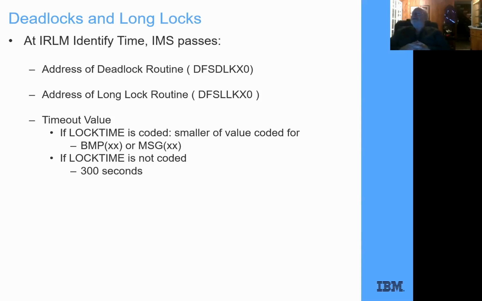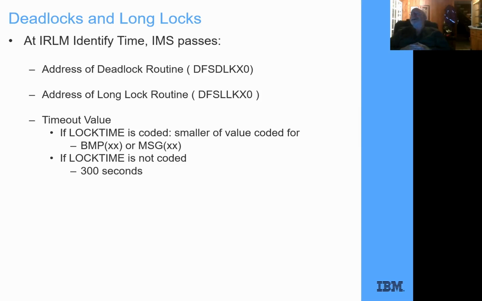Now, deadlocks and long locks. At identify time, IMS passes two other exit addresses: the address of a deadlock routine and the address of a long lock routine. IMS also passes a timeout value. The timeout value is passed whether or not you're using lock timeout in DFSVSMxx.